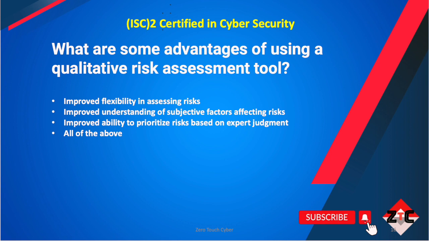This type of tool can also provide improved ability to prioritize risks based on expert judgment. So all of the above options are correct: flexibility in assessing the risks, understanding of subjective factors, and improved ability to prioritize the risks. So the correct answer is the fourth option, all of the above.